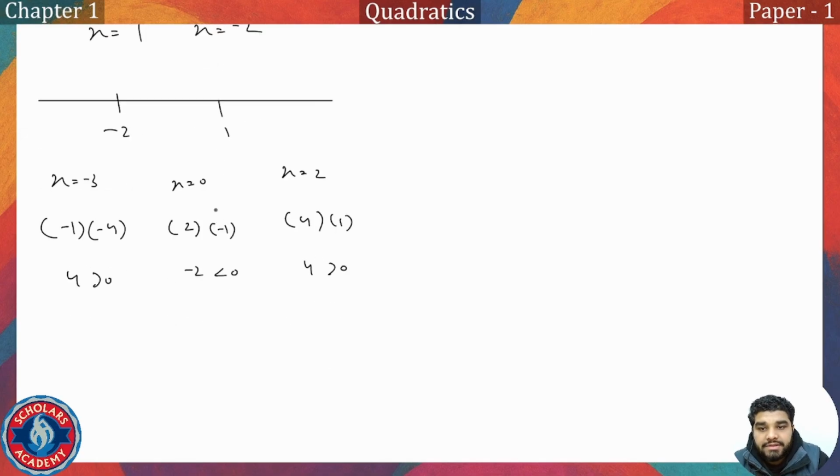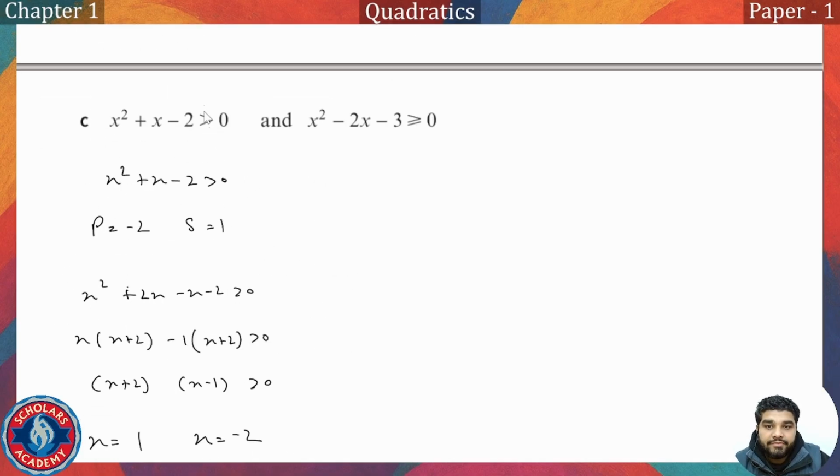So the intervals that satisfy this inequality are when x is less than negative 2 and when x is greater than 1. So instead of and, we can write or. Or represents union. So if I write it properly, I get negative infinity up till negative 2 union with 1 up till infinity. So this is the range of interval which satisfies this first inequality.